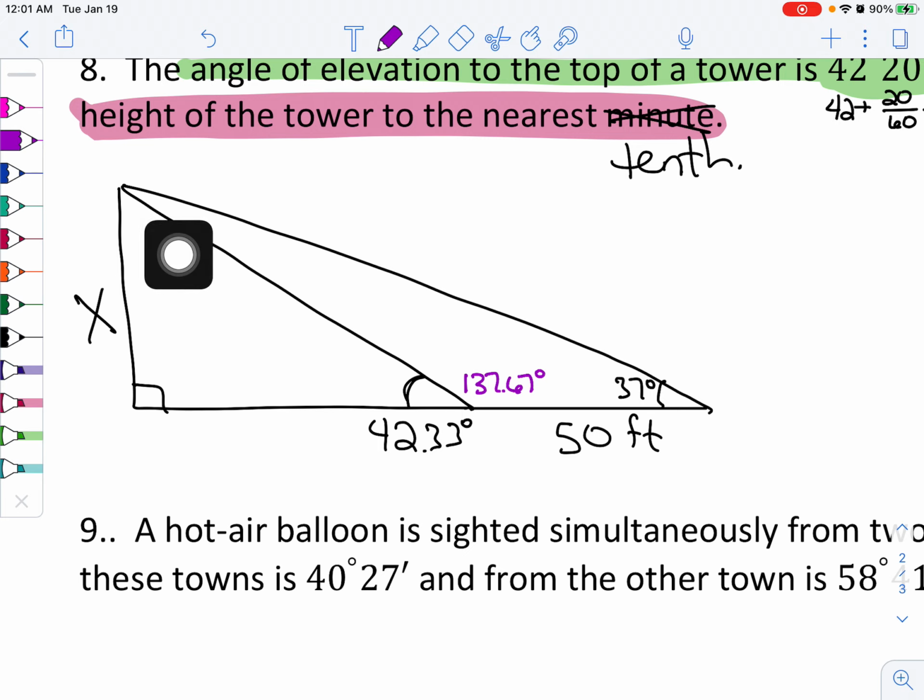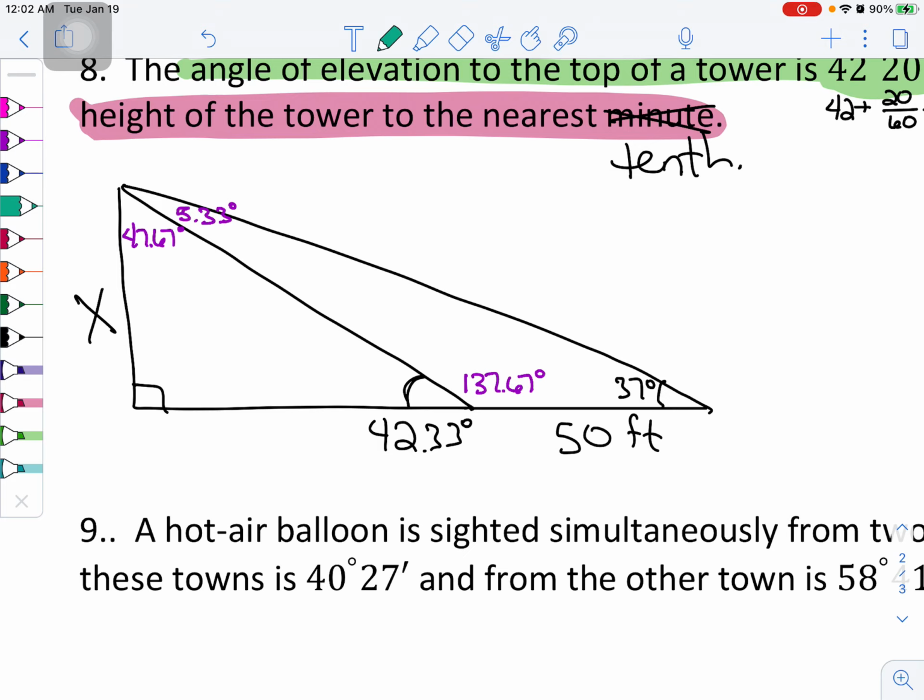So I'm putting that into my calculator as I sit here. This is 5.33 now. So 5.33 degrees. And now I can use the 42.33 and the 90. So that's going to give me 47.67 up here. So 47.67 degrees.